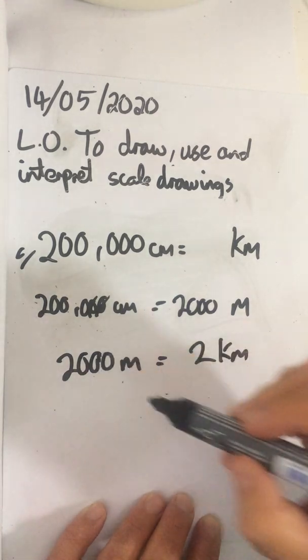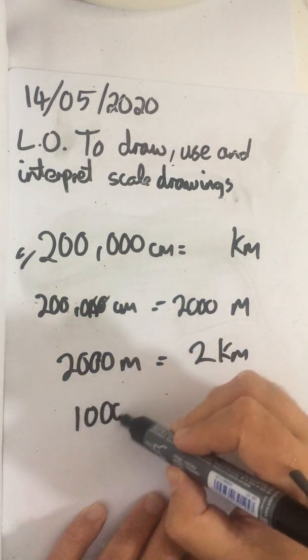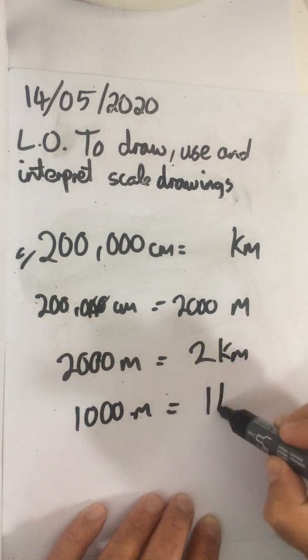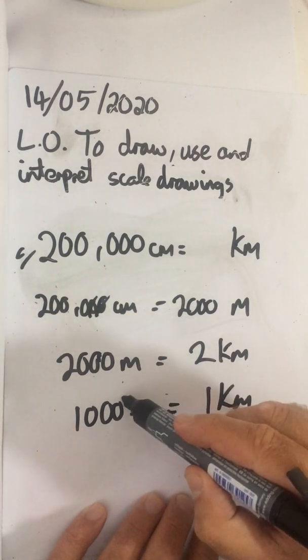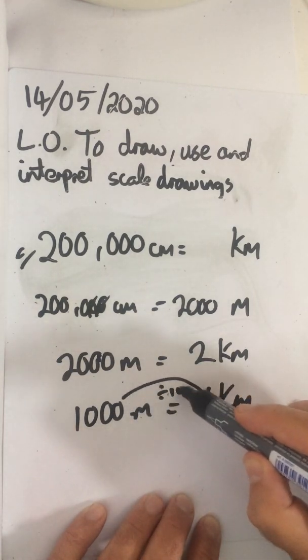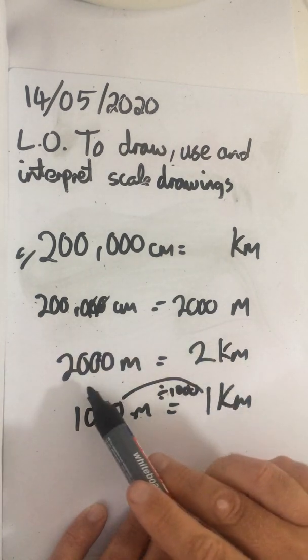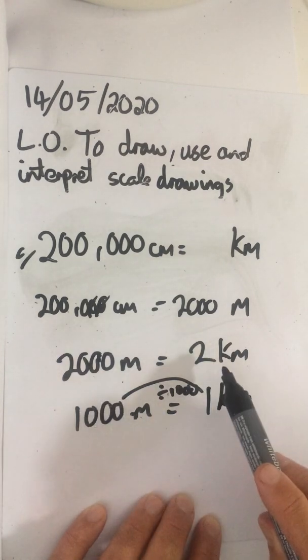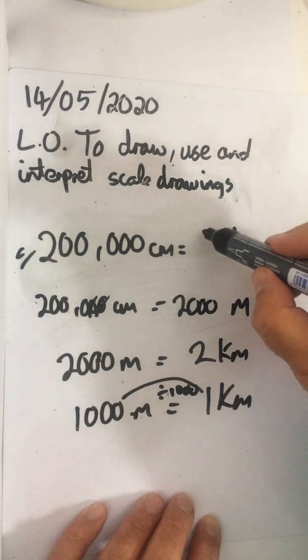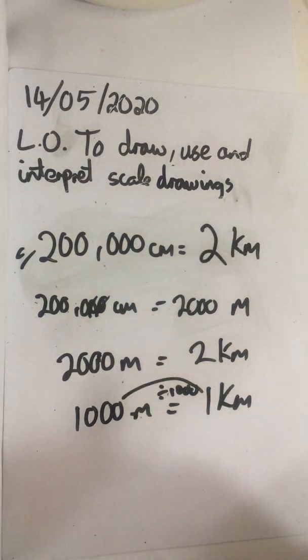Okay, and again, this is because 1,000 metres equals 1 kilometre. So if I convert metres to kilometres, I divide by 1,000. 2,000 divided by 1,000 is 2 kilometres. Okay. Hopefully that's pretty straightforward.